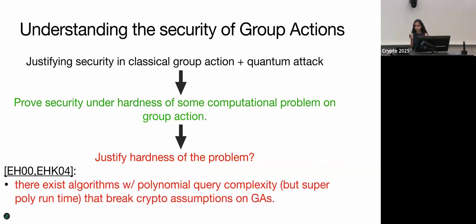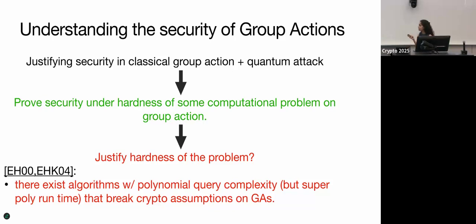But moving to group actions, the first step is still the same. Now we have a classical group action and a quantum adversary. To justify security, the first step is fine: we prove security under the hardness of some computational problem on the group action. But it's not clear how we justify the hardness of the problem.